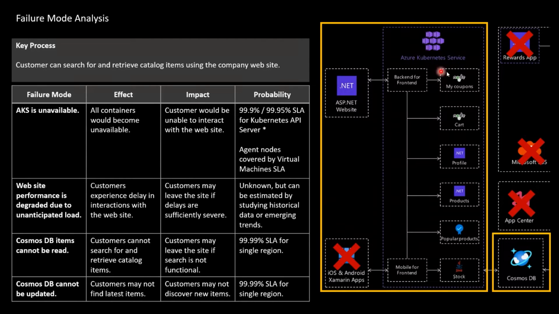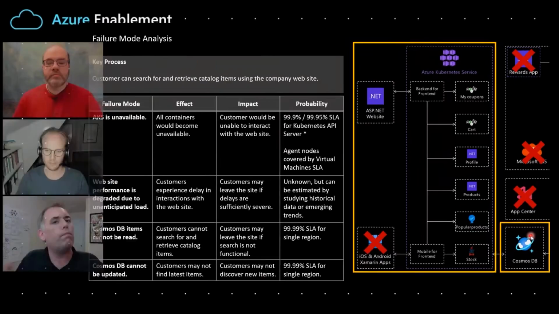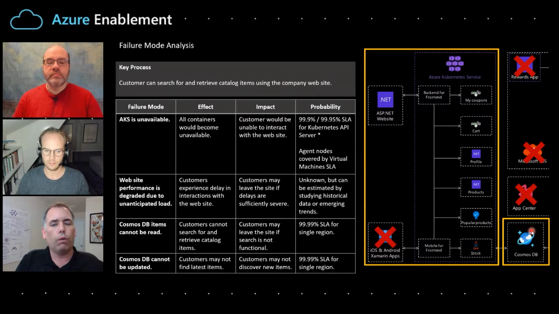We talked about the fact that Azure Kubernetes Service, or AKS, is where all of your web and backend services are running. So that's something we're going to have to consider. And then we also talked about Cosmos. What you've started to see is that all of the other parts of the solution may have a part in delivering value, but for the moment, for this exercise, we're going to go ahead and not look at those.